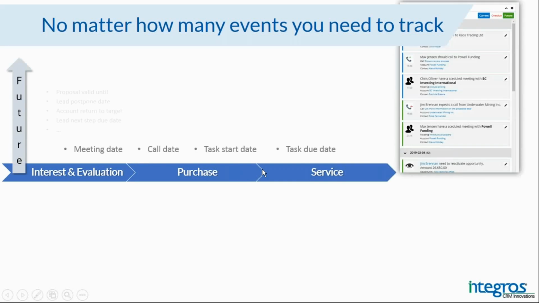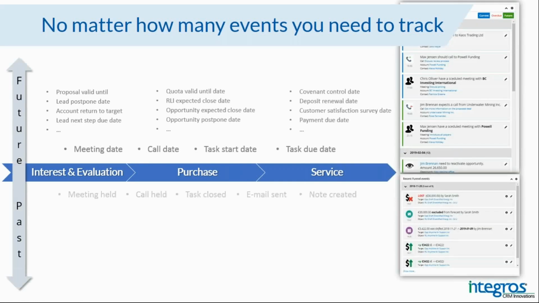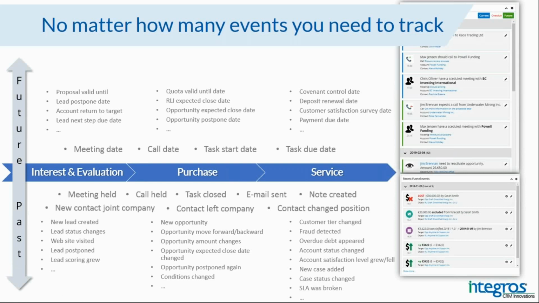The idea is that no matter how many events the account manager needs to track, it could be past events, or it could be future events. These events could come from different sources, either CRM or internal bank systems or the website, that could cover any domain that exists in the bank.